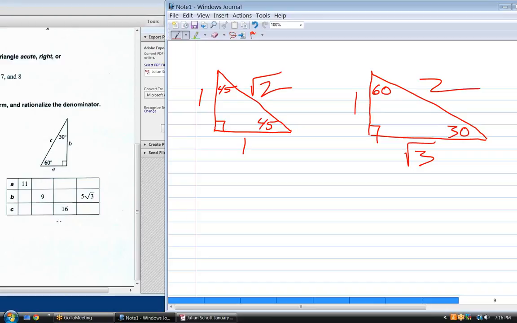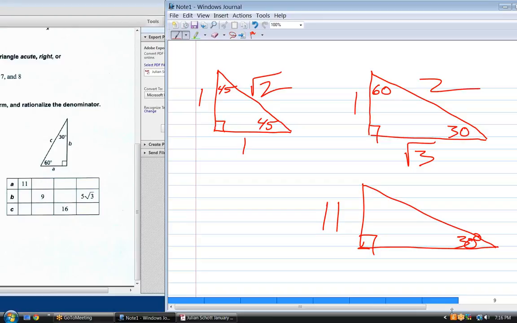So, let me draw it. This is a different size triangle. But they're saying A is the side opposite the 30-degree angle, right? Yeah. So if that's 11, here's the 30-degree angle.